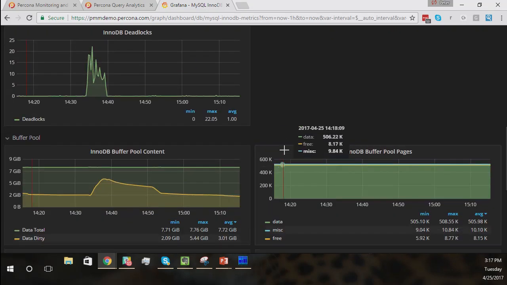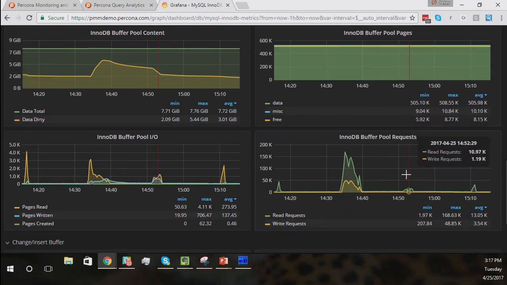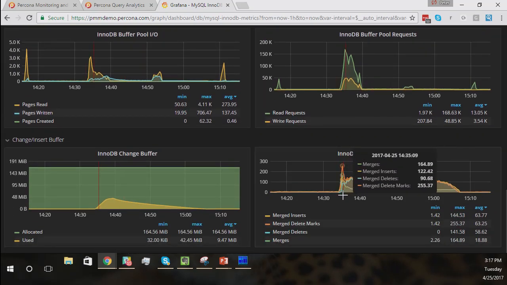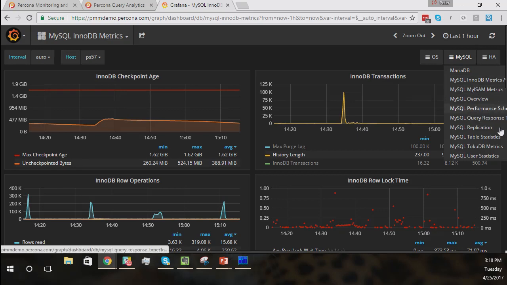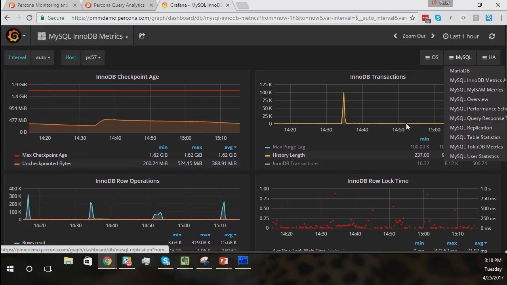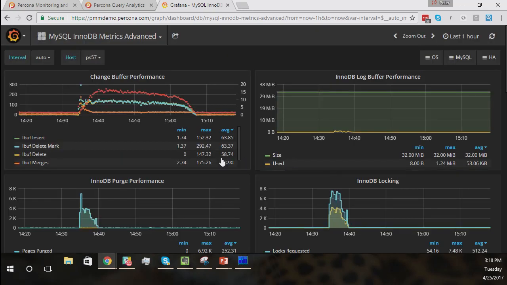OK. So what else should I show you? Oh, I also have this very nice initiative. It's probably merged into this dashboard, but it's called Advanced InnoDB metrics. That allows us to get a lot of insights into advanced InnoDB functions, for example, change buffer performance.